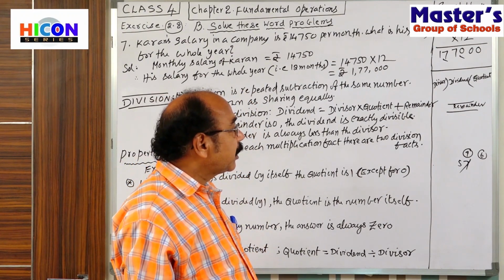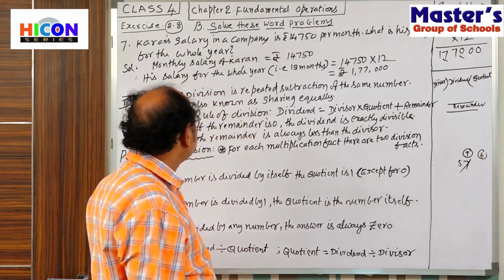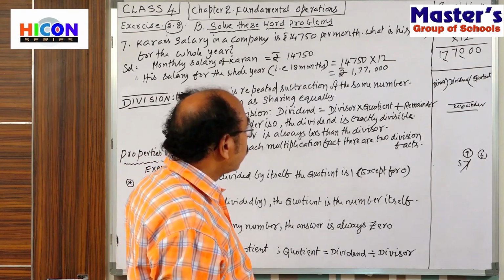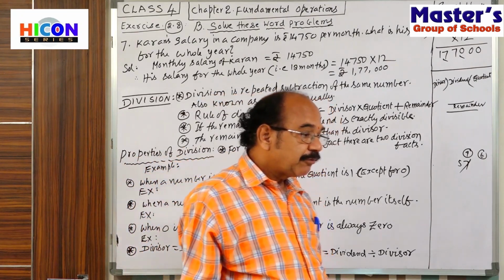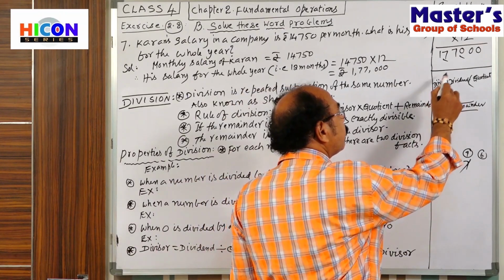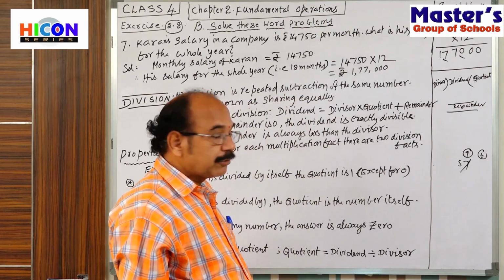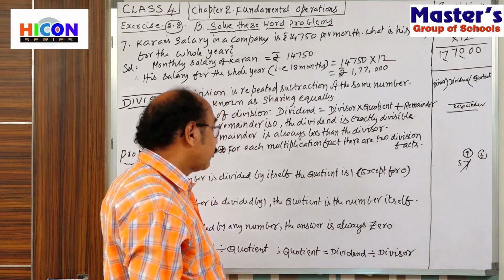If it is not exactly divisible, you get some remainder also. So here, rule of division, how can you check the division work? Dividend is equal to divisor into quotient plus remainder.